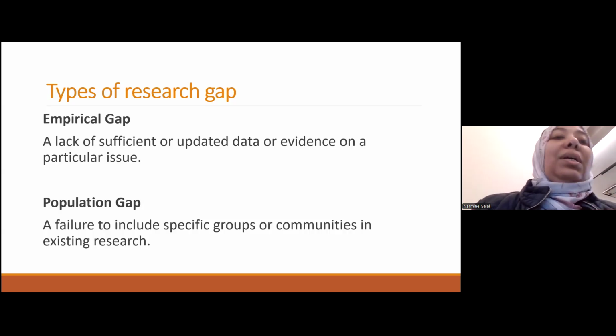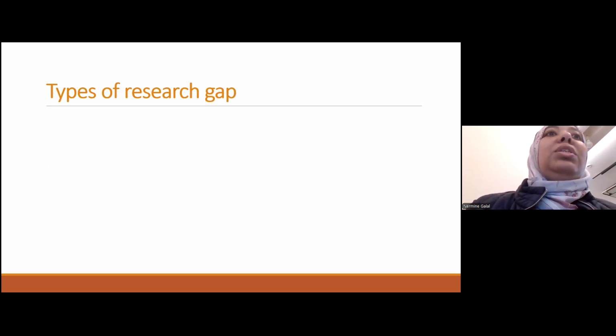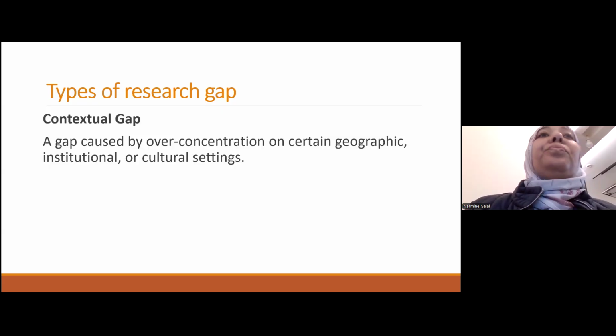A very close idea to it is coming next, which is the context gap. In this approach, you rather focus on places or contexts that are rather understudied. So, for example, if you look at the research in EFL, you find massive data based on findings that were implemented in the Asian context, okay?